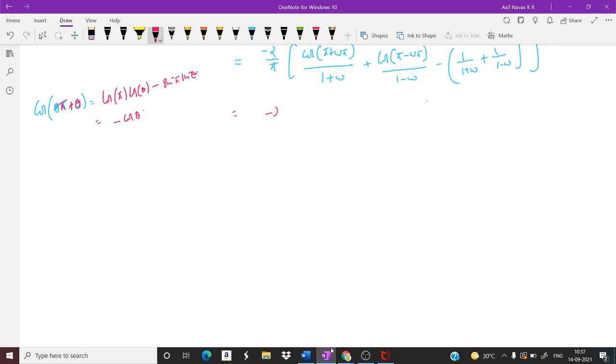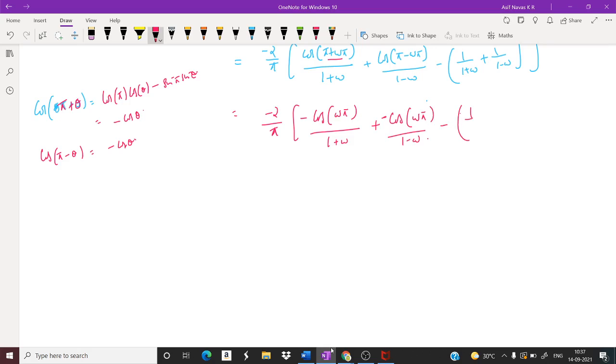So this can be written as minus 2 by pi, minus cos omega pi, that is cos theta, divided by 1 plus omega, plus cos of pi minus theta. What is cos of pi minus theta? It is also minus cos theta. So you can write this as minus of cos omega pi plus 1, times 1 by 1 plus omega plus 1 by 1 minus omega.